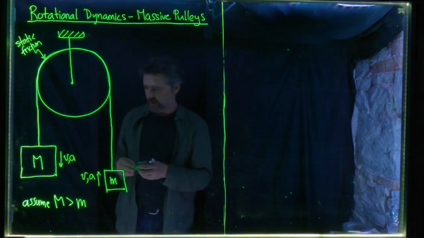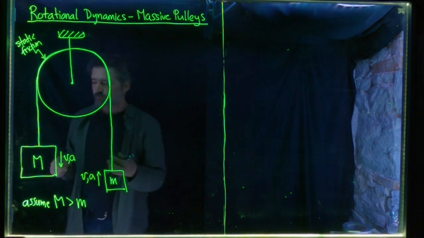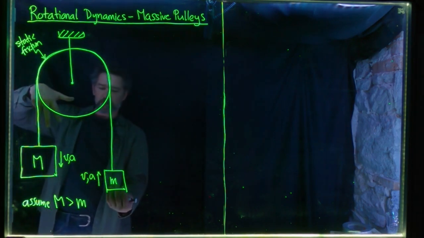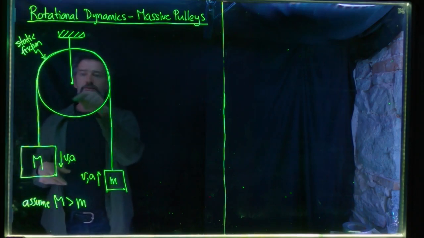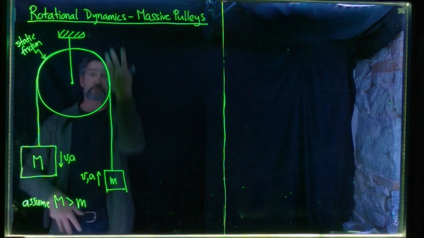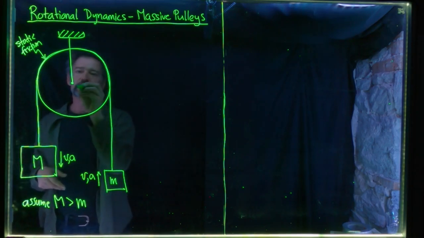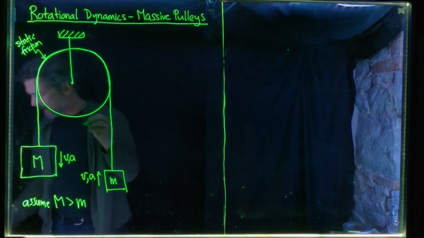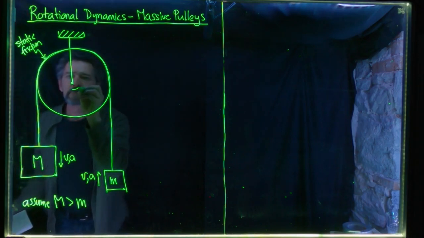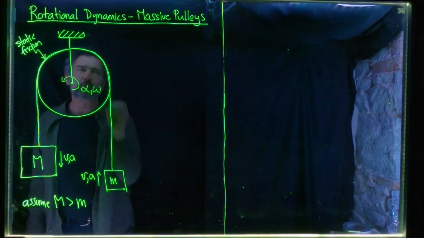Now, while big M is falling down faster and faster, and little m is moving up faster and faster, this pulley is spinning faster and faster. So it's undergoing some angular acceleration, alpha, and at any instant of time it has an angular velocity, omega.